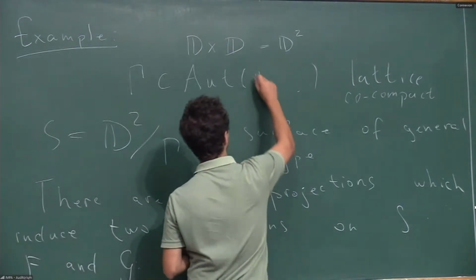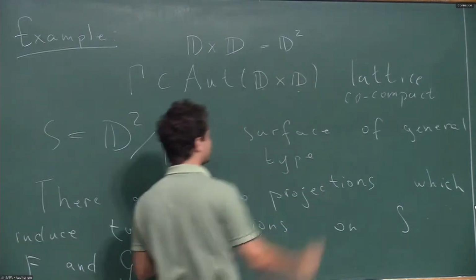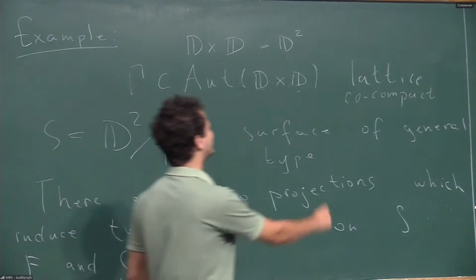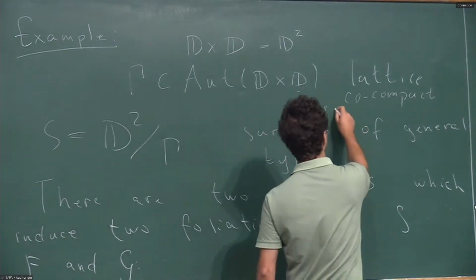Yeah, you're right. So let's just assume this lattice is as nice as possible, so we have two foliations.